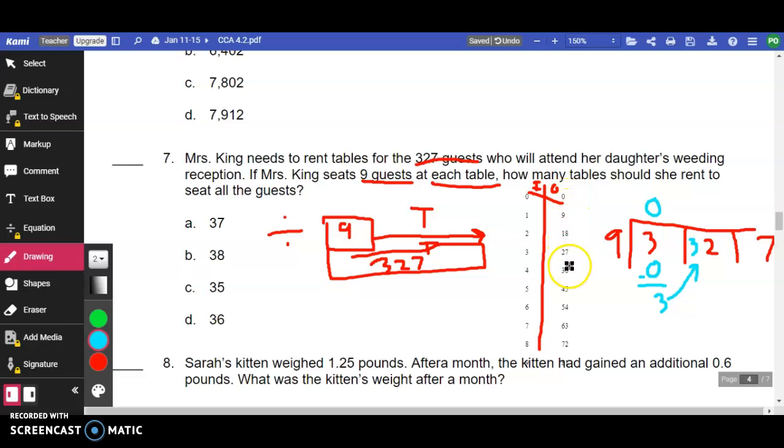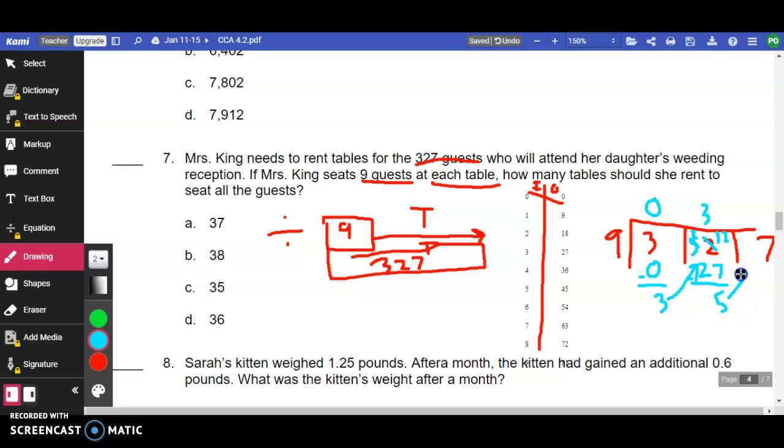32 is less than 36, but more than 27. So I can use up 27 of this to make 3 groups. So I can make 3 groups using up 27, which leaves us 2, 12, it leaves us 5.